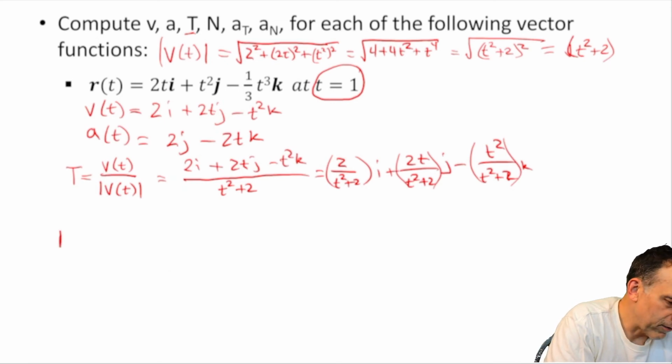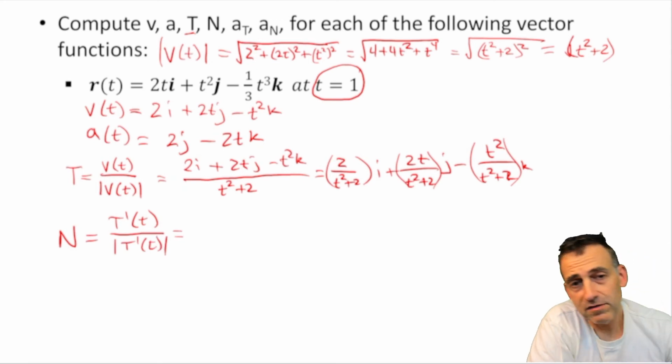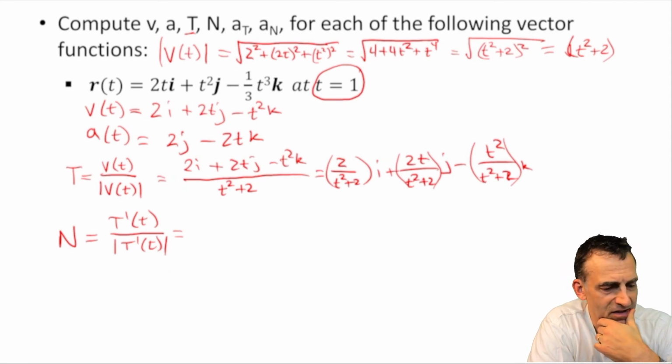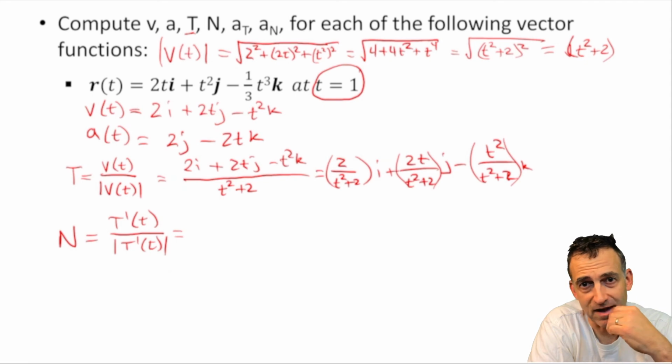Okay, the unit normal vector is the derivative of the unit tangent vector over the magnitude of that. And to be honest, I don't want to do it. I know you're going to have to do it on your homework, but this is like 3 quotient rules. I just can't face it right now.